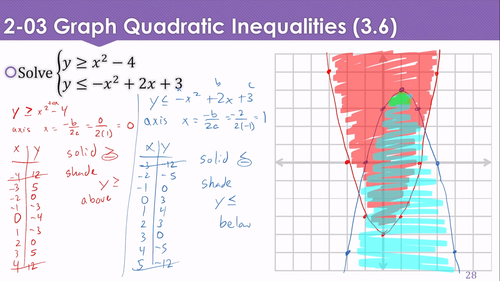So that appears to be just this funny shape in the middle. So the green little lozenge looking thing. Just that overlap is the solution.